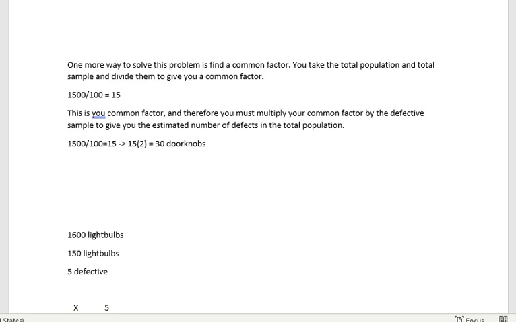All right, welcome back. So if our total amount of light bulbs made in that hour is 1,600 and sampled are 150, of those light bulbs sampled, we find 5 defective. I'm going to set up a proportion.